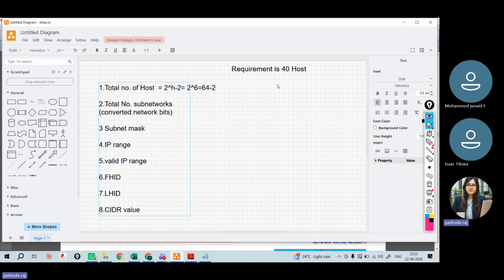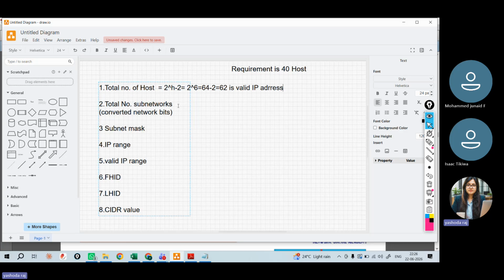Because the network address and the broadcast address I should exclude. So 62 is the number of valid IP addresses. So 2 raised to 6, which is 64, is what we get for 40 hosts. Still, per network I'm going to waste 24 IP addresses, which I cannot help, but it is still minimized compared to 2 power 8.